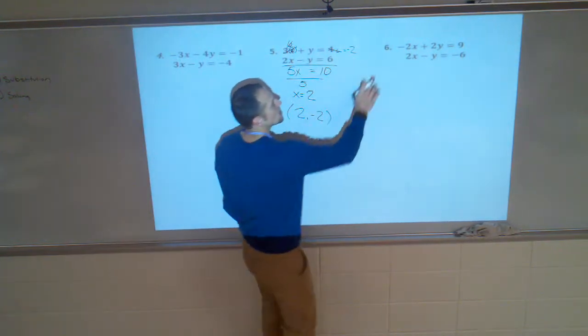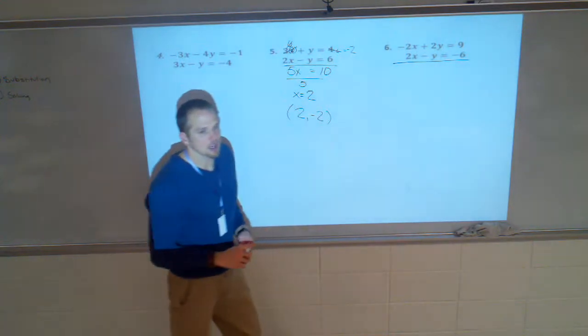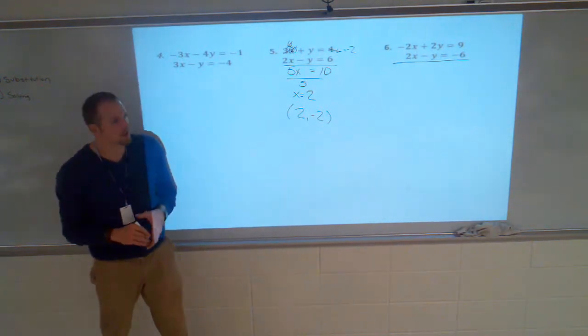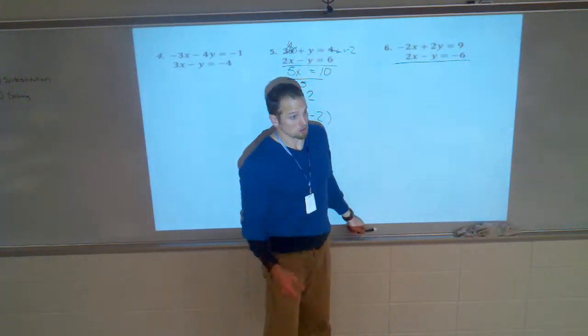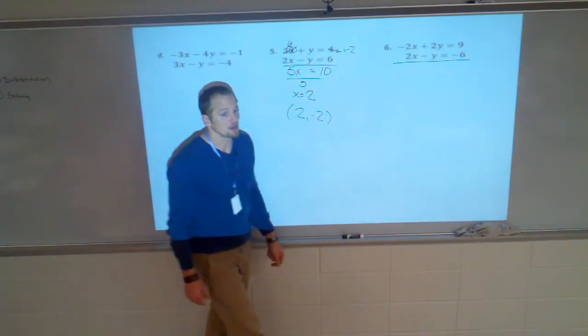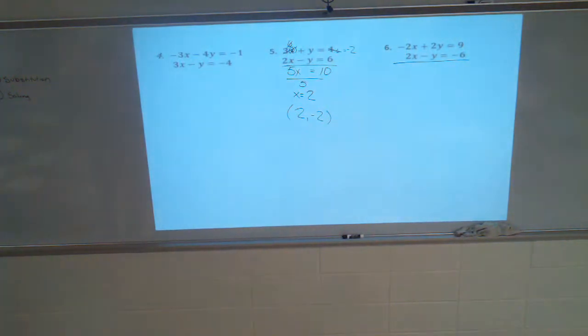Let's do number 6. Just combine them. If it says minus on the bottom, subtract, okay? If it doesn't, if it's a positive, you're going to put them together. Negatives and positives, following your rules.